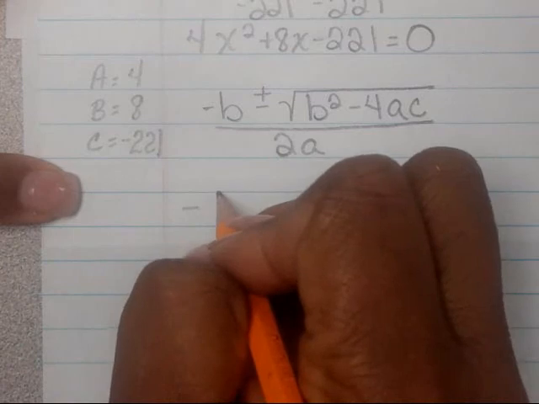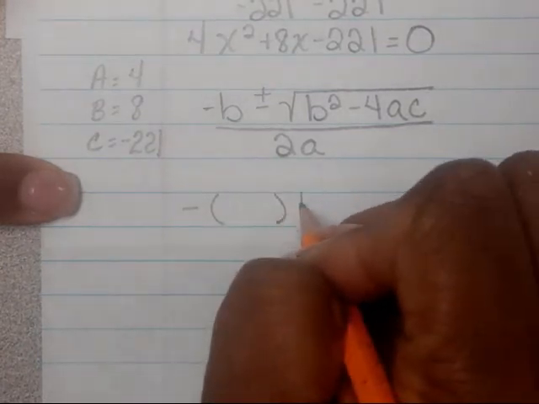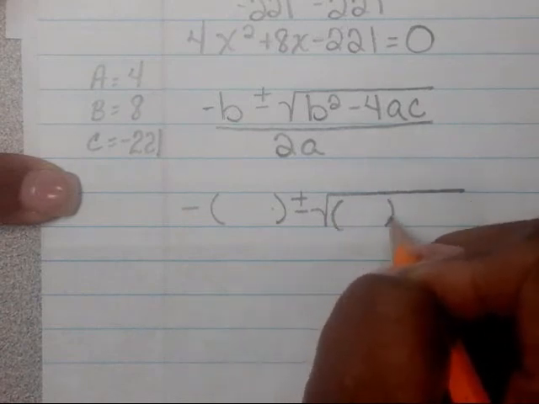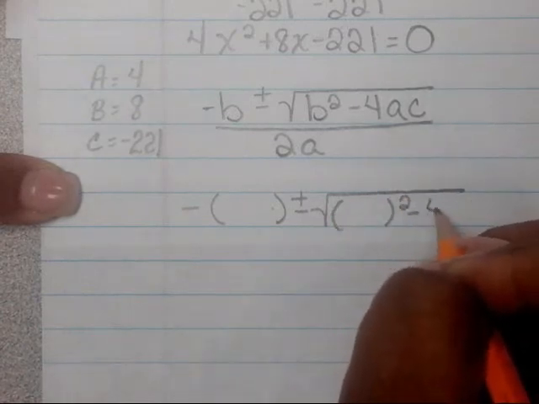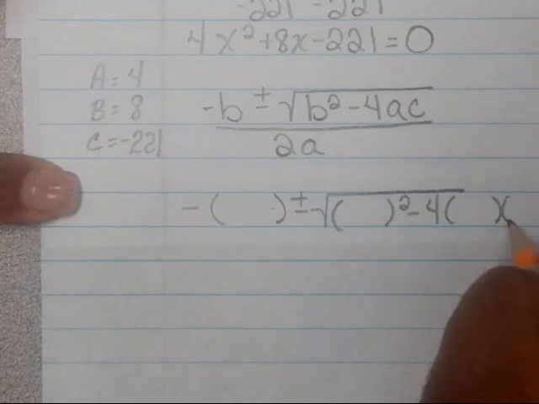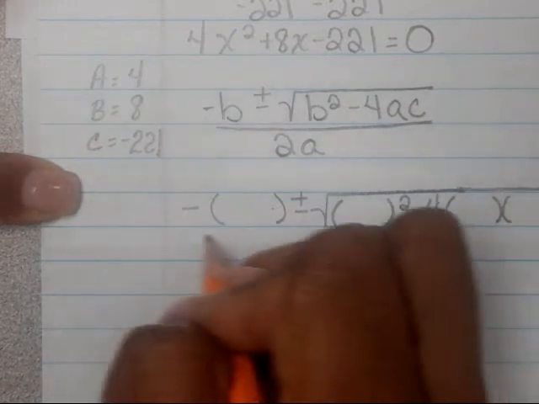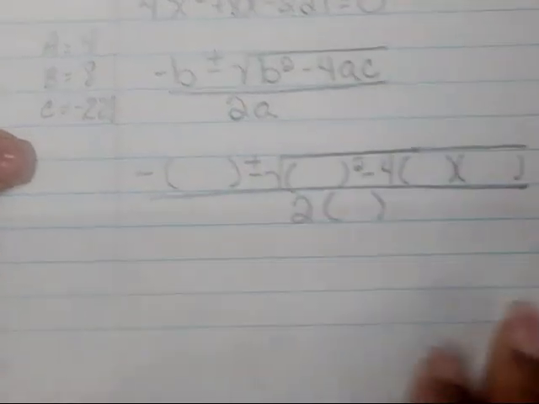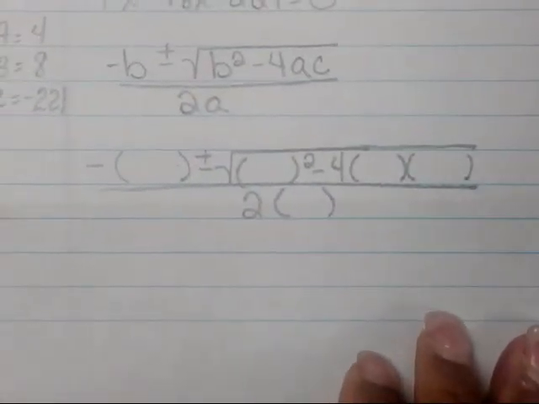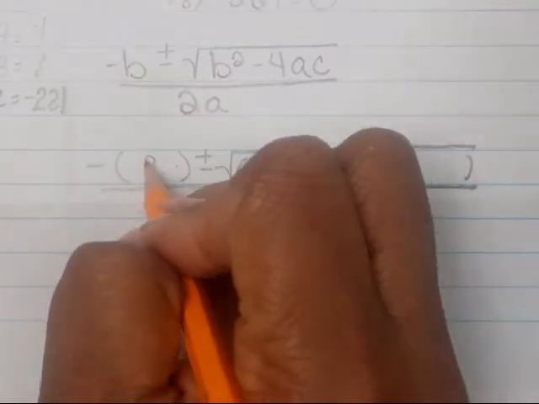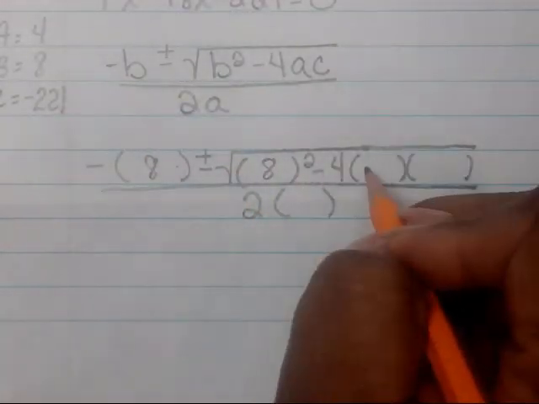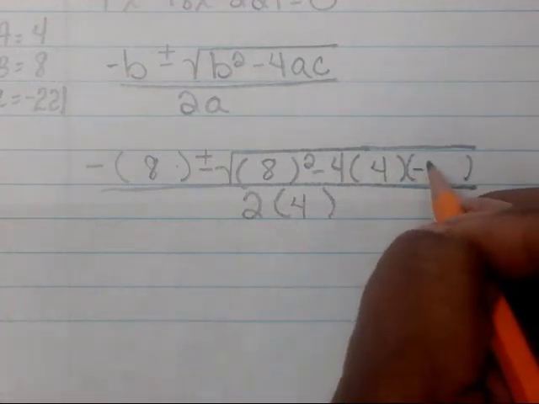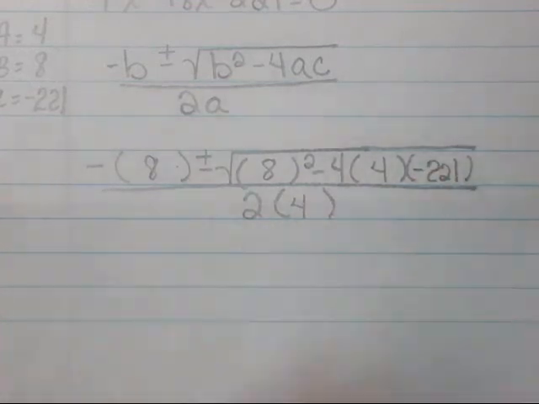I'm going to leave space again. So it's negative B plus or minus the square root of B squared minus 4AC over 2A. Let's get it all in here. So B is 8, A is 4, and C is negative 221.